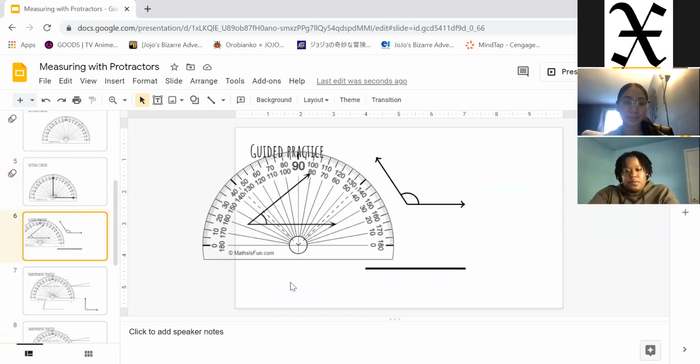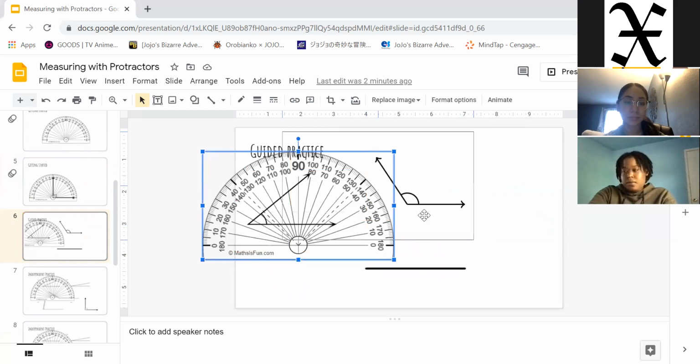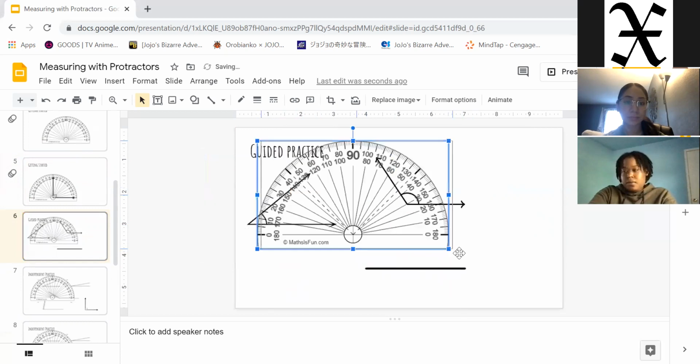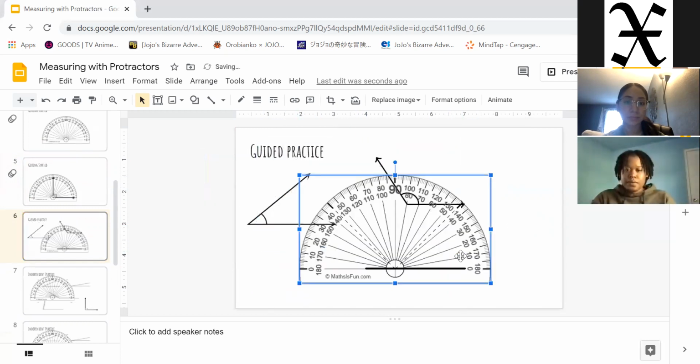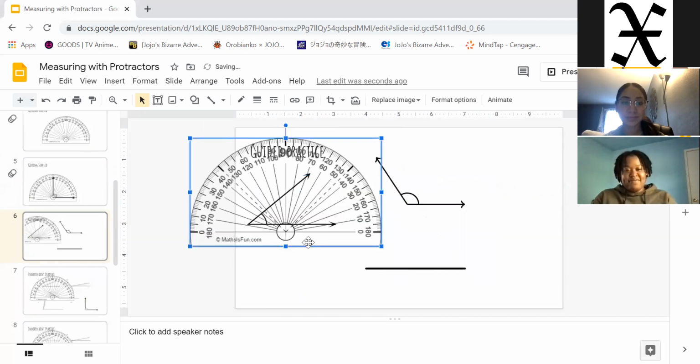All right. Now we have some guided practice. So we have another protractor on this page. What angle do you want to measure first? We can try the acute angle. Good use of vocabulary. It's this one, right? This one over here.